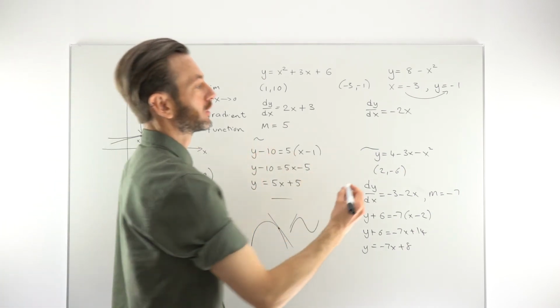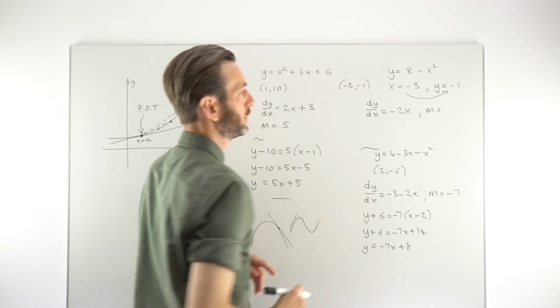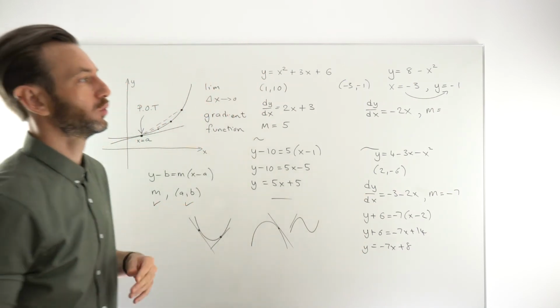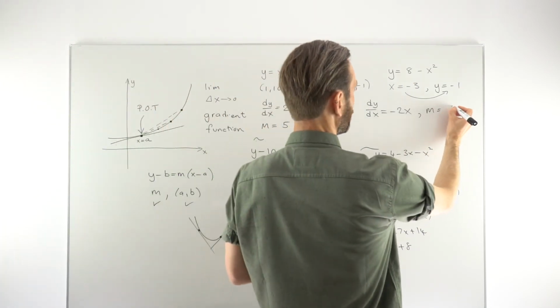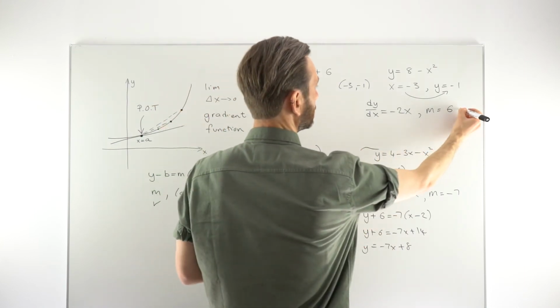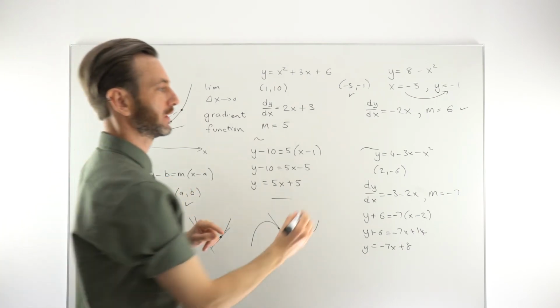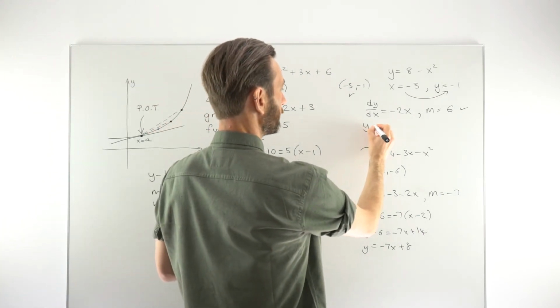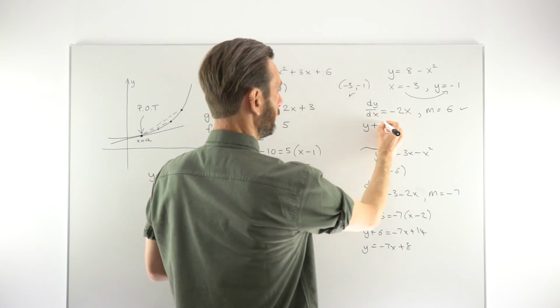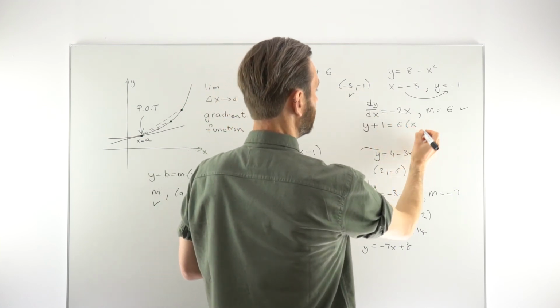We can turn that into a gradient just by subbing in the x value of the point of tangency, which is -3. So -2 times -3, double negative, gives you +6. Then we just need to put all the information, the gradient and the point of tangency, into the formula for a straight line. So we get y minus b, so that's y minus -1, which is y plus 1 equals gradient 6 times x minus a.